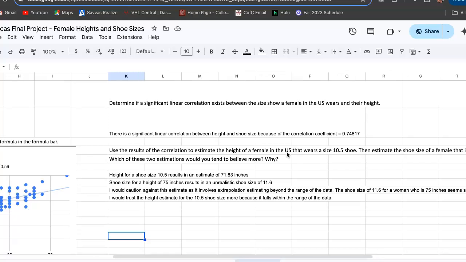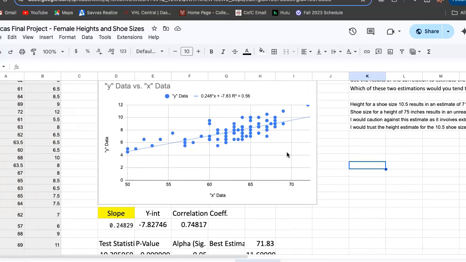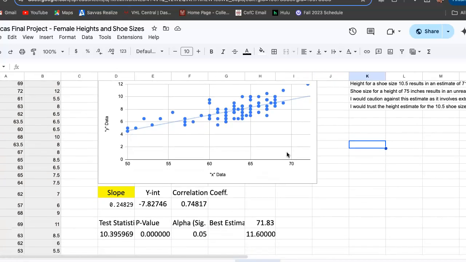I found the correlation coefficient to be 0.74817, which indicates a moderate to strong positive correlation. This means that generally, as a woman's height increases, her shoe size also tends to increase.